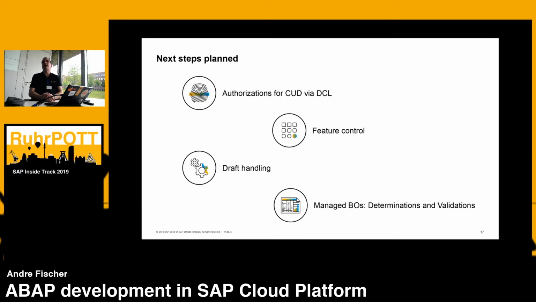It's planned to have a first shipment of the programming model with 1909. The ABAP in the cloud will always be the front runner, so you will have the newest version in here, while on-premise we will have a shipment on a yearly basis. So next will then be with the upcoming S/4HANA release.